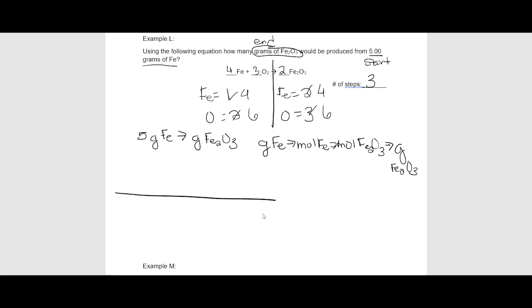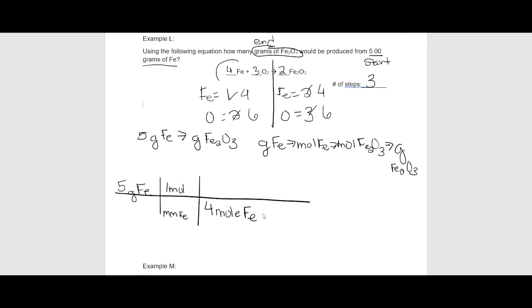So I'm going to go ahead and start my train tracks. As always, my given goes in the top left side, 5 grams of iron. My first conversion factor is 1 mole over the molar mass of iron. I don't have that right now, so I'm just going to put MM Fe as a placeholder. Then comes my molar ratio.